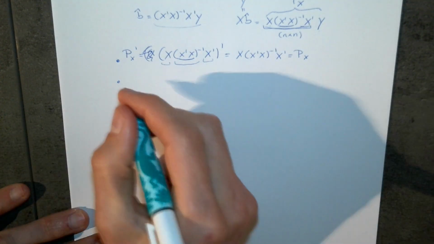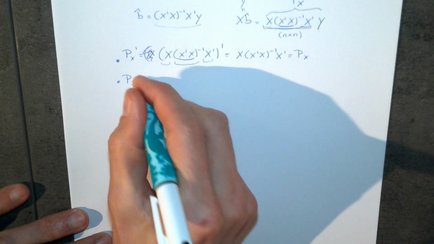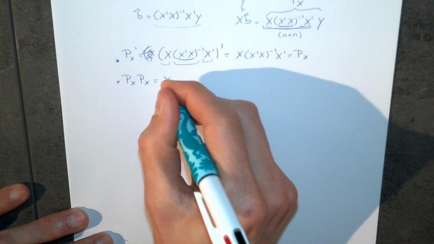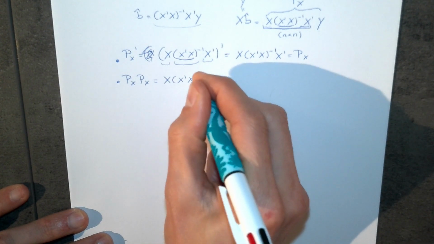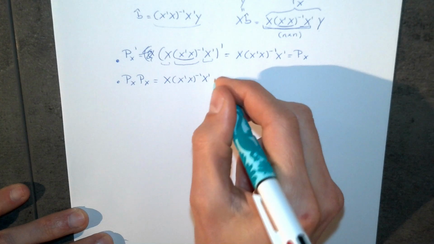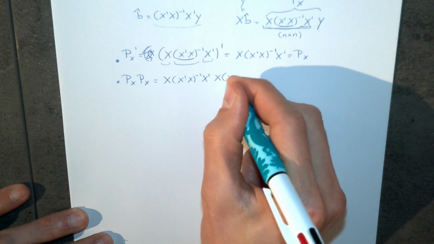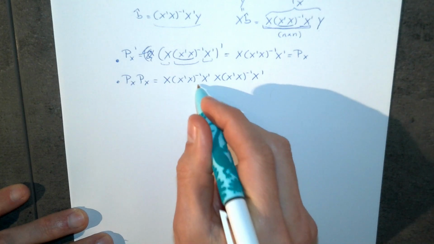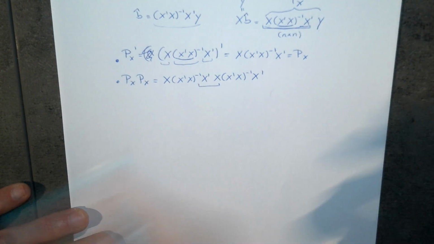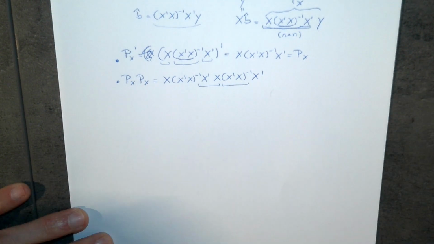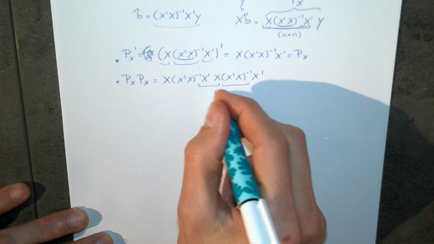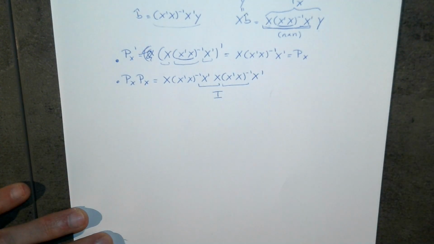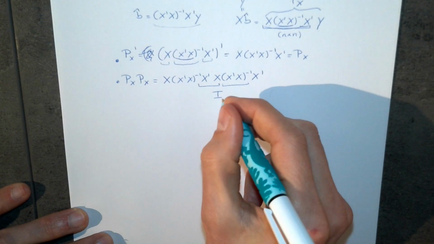The second thing to notice is that if I take Px and multiply it by itself, this is simply X (X'X)^-1 X' times X (X'X)^-1 X', and here in the middle, X'X and (X'X)^-1, if you multiply these two together, they're each other's inverse, so this simply gives you the identity matrix.